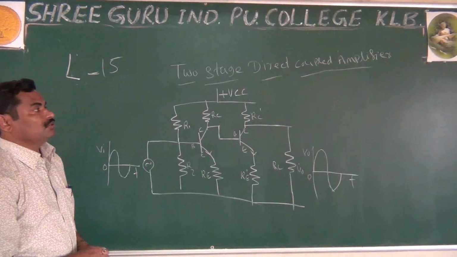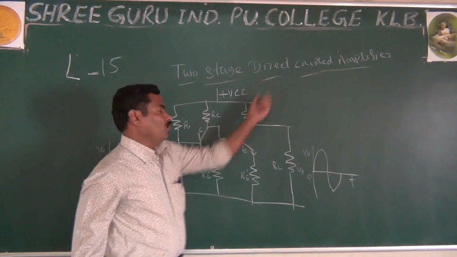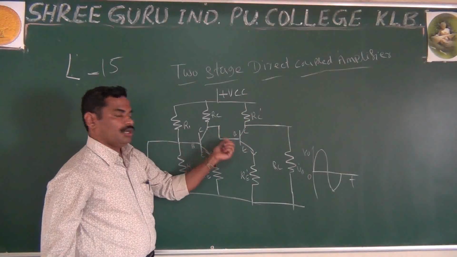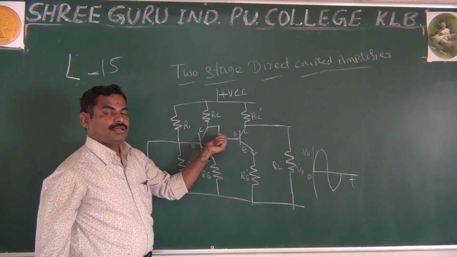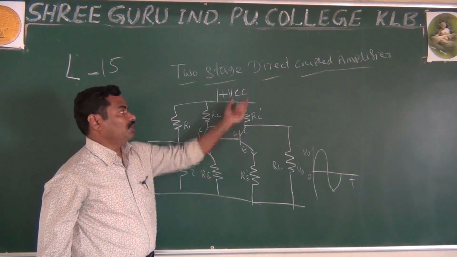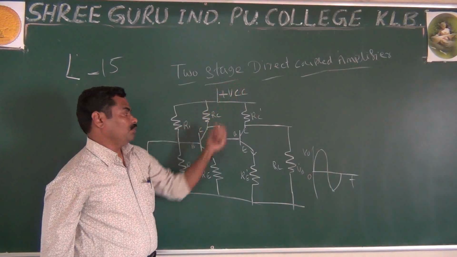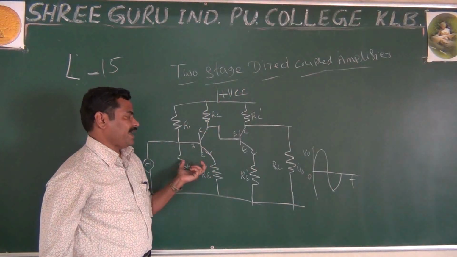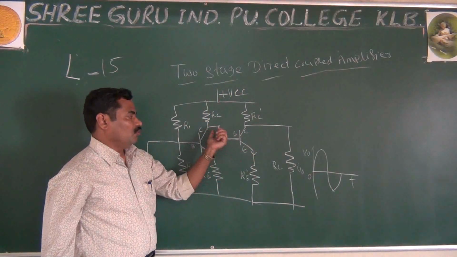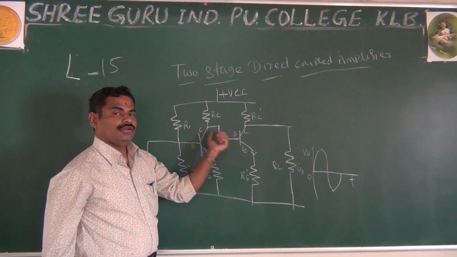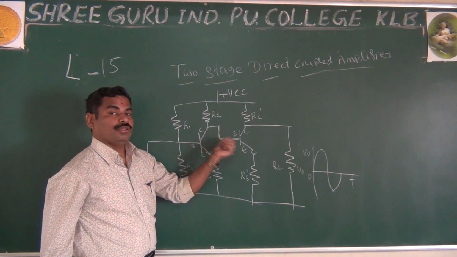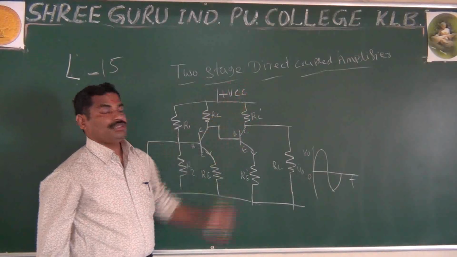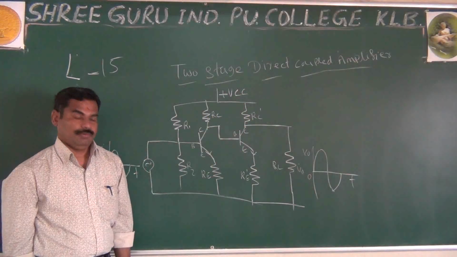You are only using a wire. You are not using any capacitor or any transformer. That's why it is called direct coupled. The output of the first stage acts as the input of the next stage simply by connecting one wire, directly connecting the output to the input.